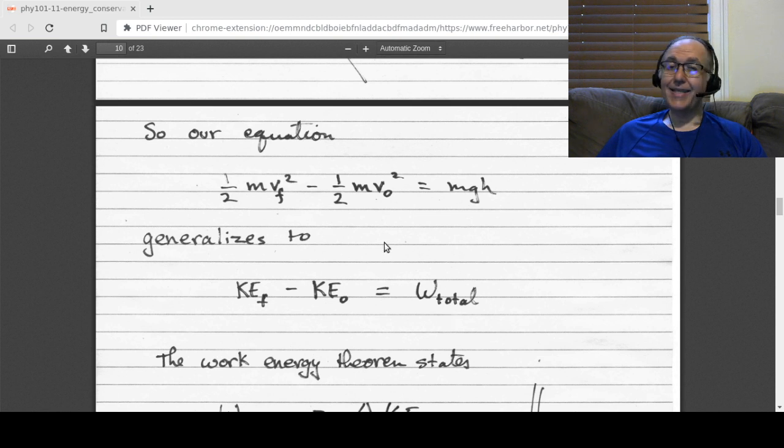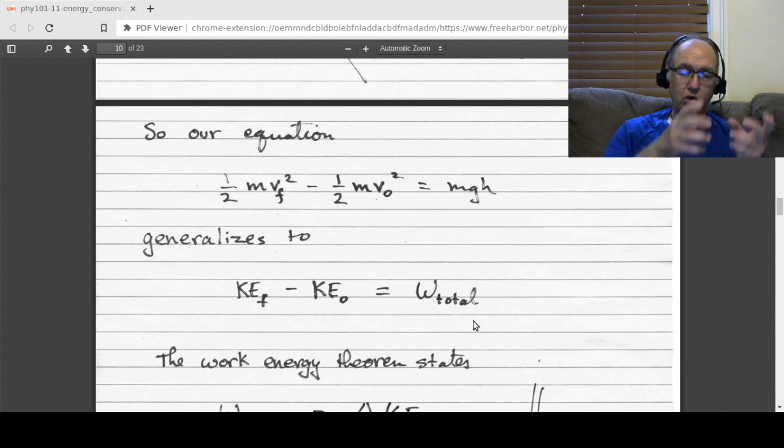Now, that is not a proof of the work energy theorem. It is an illustration of it. The reason it's not a proof is because I applied it to just this particular situation of going downhill on a roller coaster. But you can prove this in general, and it's always true, no matter how complicated your motion is. If you can calculate the total work, that is, as this object moves at every point along the way, there's a force and there's a displacement.